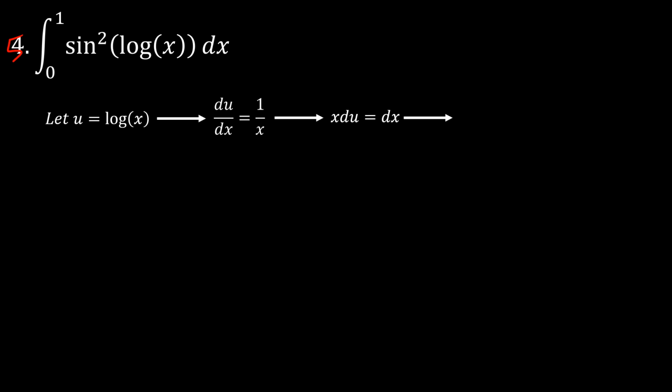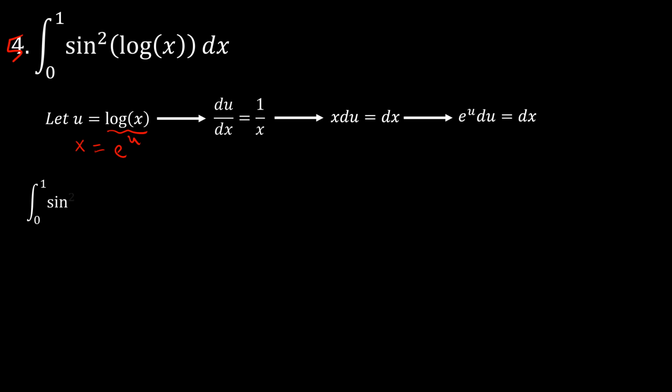And so what is x? Using this expression here, x is definitely equal to e to the power u, right? And so we can now say e to the power u du could be substituted for dx.